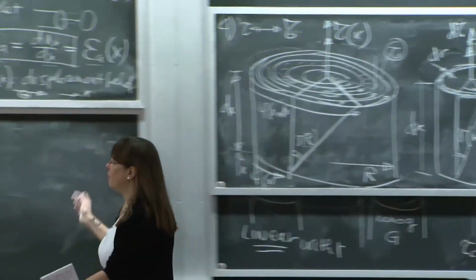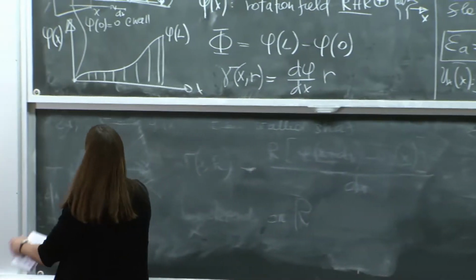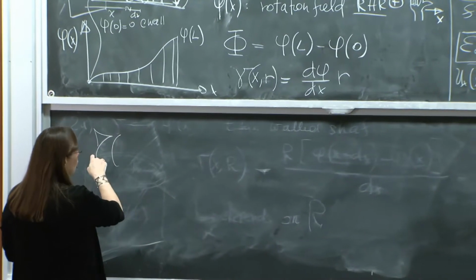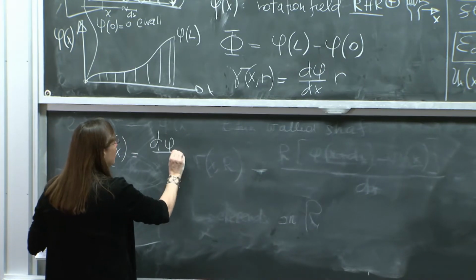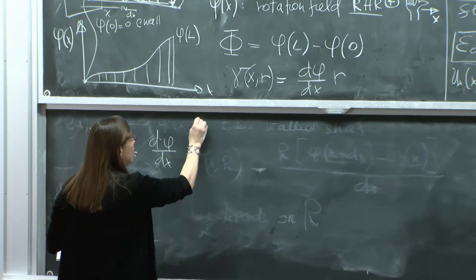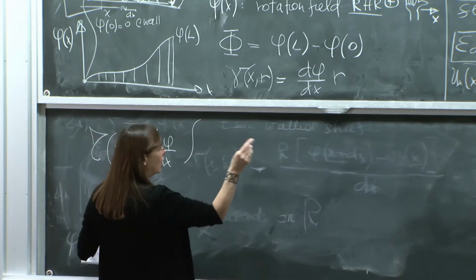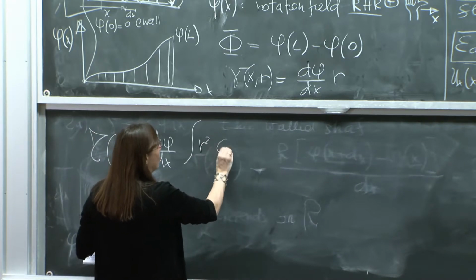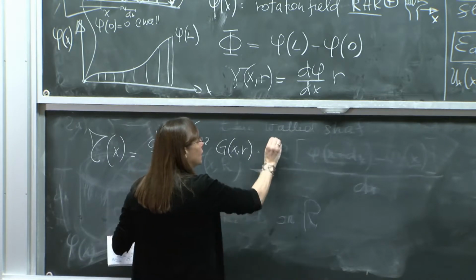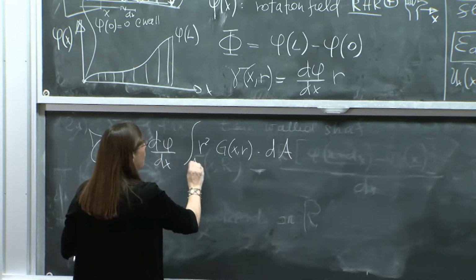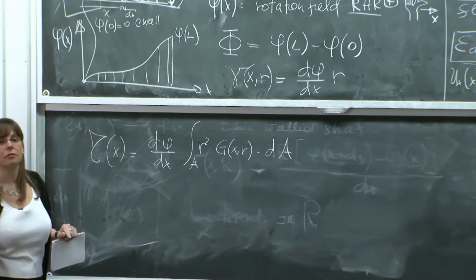So if I put it all together, I get that my T of x is equal to dφ/dx times the integral of r squared times G of x and r times dA, over the area. Right?